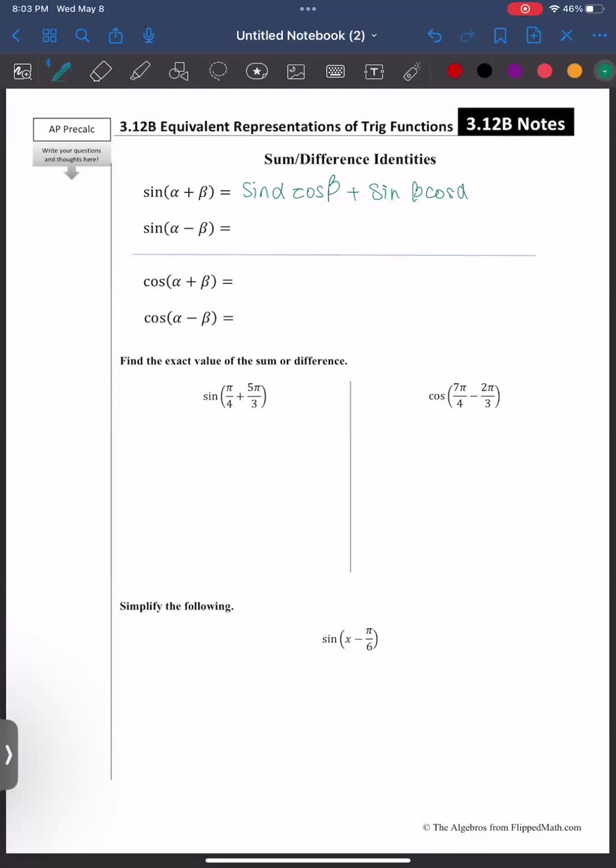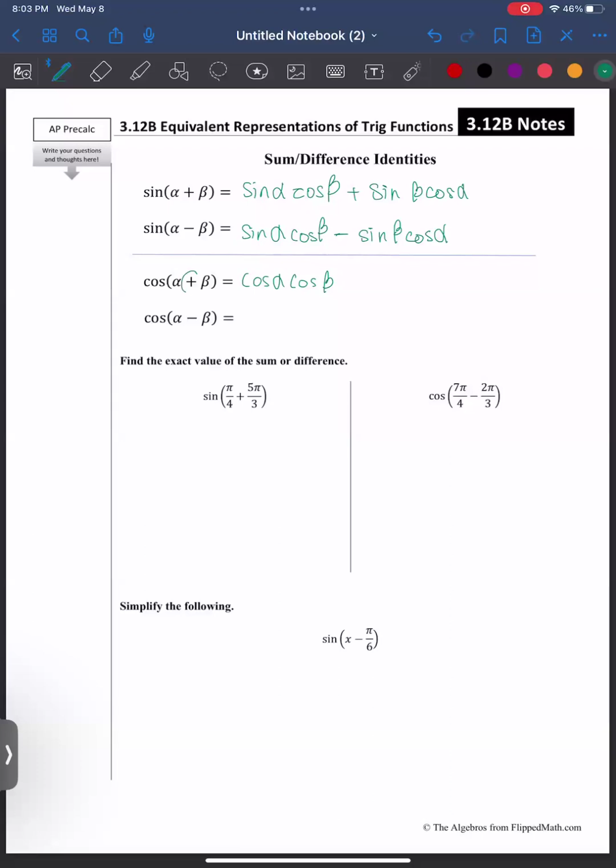Okay, and then very similar, when I'm subtracting, it's going to be sine of alpha times the cosine of beta minus sine of beta times the cosine of alpha. Now, when it comes to the cosines, it's a little bit different. So first of all, rather than sine and cosine, it's going to be cosine alpha times cosine of beta.